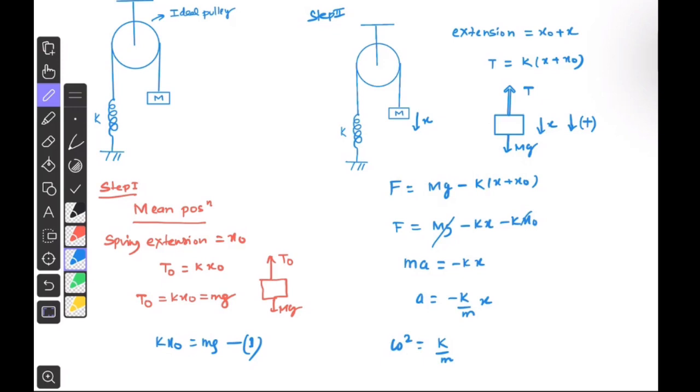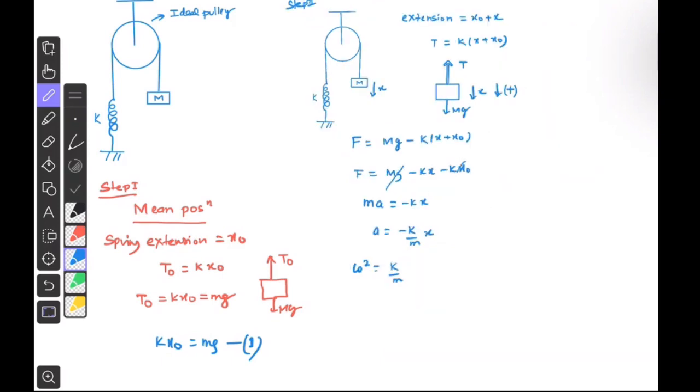What will be done if I use the restoring force method? By the restoring force method, the force responsible for SHM here is which force? Tension.